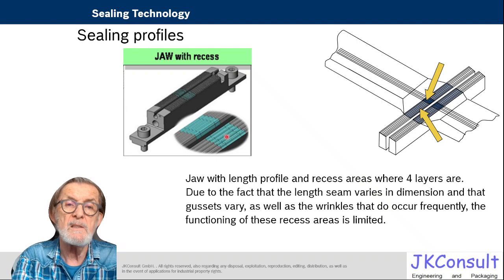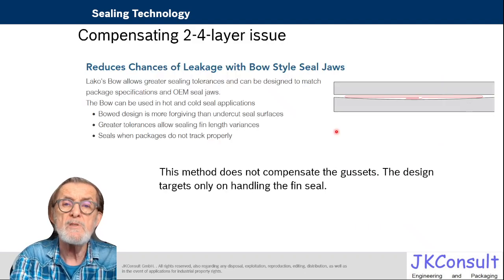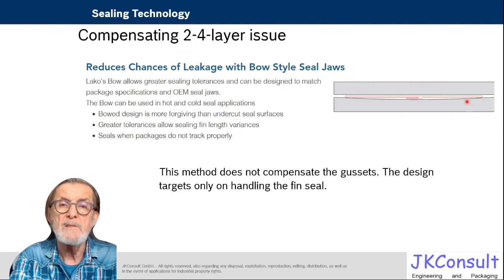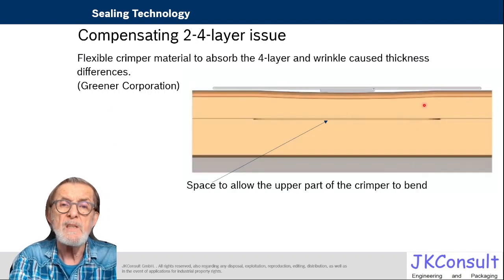And that means that these dimensions do vary, so the recess in the crimper will sometimes match, sometimes not. Another way to solve the issue of the different layers is making a bowed crimper. It doesn't work for the gussets. The same actually is for a design of Greener company, a company that supplies very good crimpers, and they have a recessed area. It's made of 2 parts. There's a recessed area that allows the top part to be flexible.